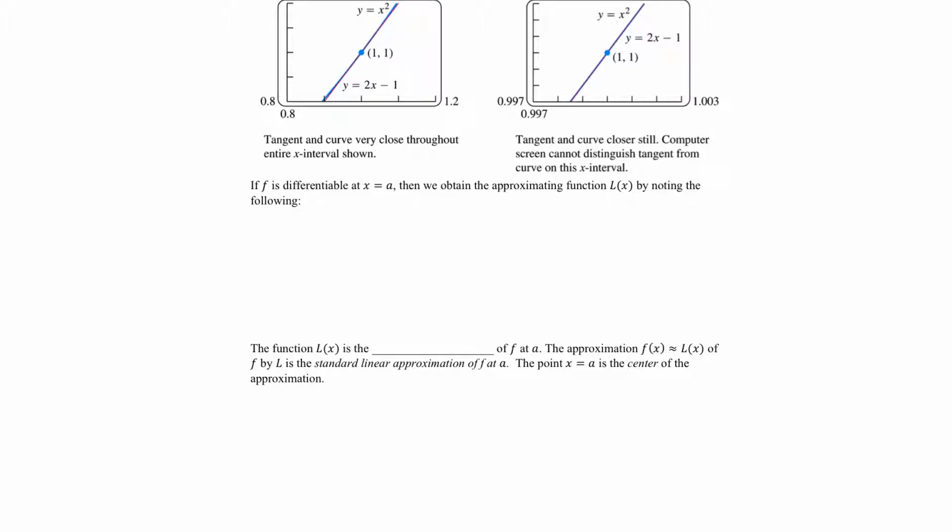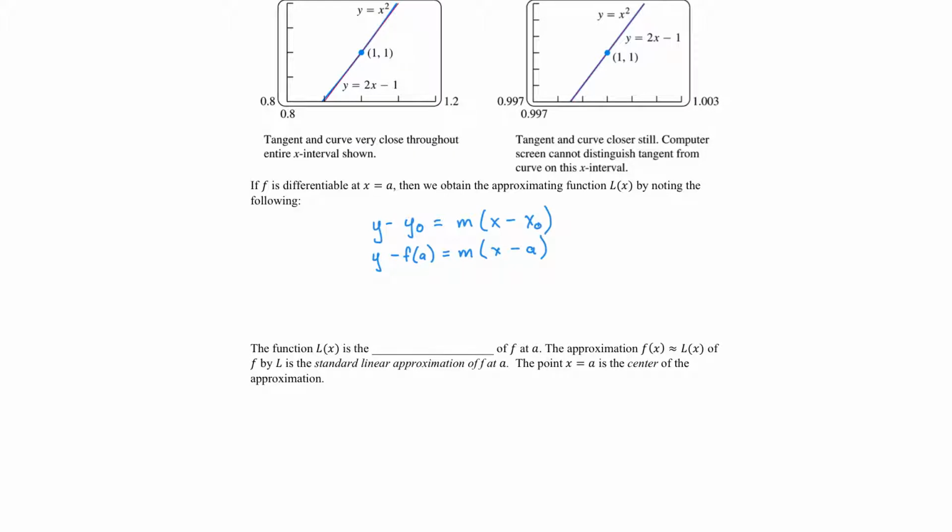If we were to start with just lines, at a point we have y minus some given y naught is equal to m times x minus x naught. Now, in terms of functions, y naught is simply the output at x equals a, and the x naught is simply the x value that we are given.